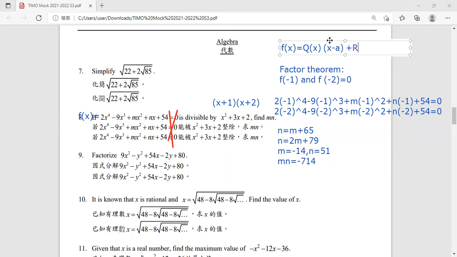Now, if x minus a is a factor, then the remainder is 0.